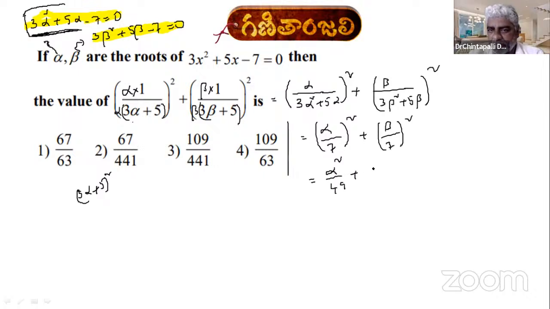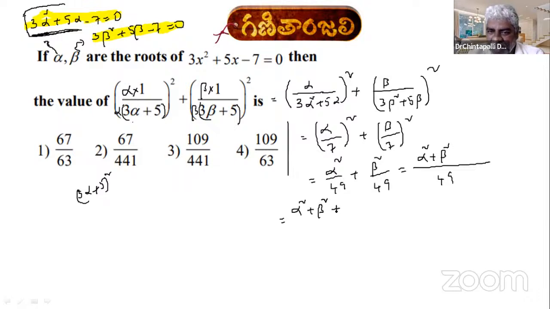Very good. Beta squared by 49. Now, what should we do? LCM 49. The numerator is alpha squared plus beta squared.